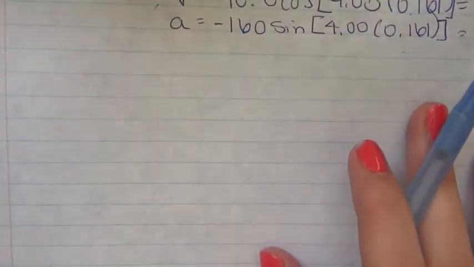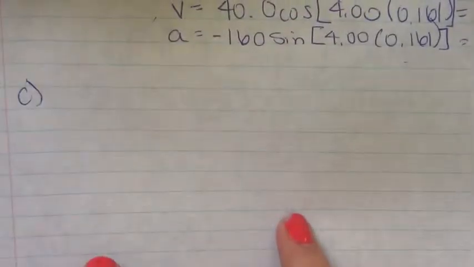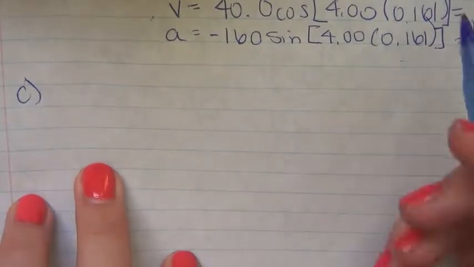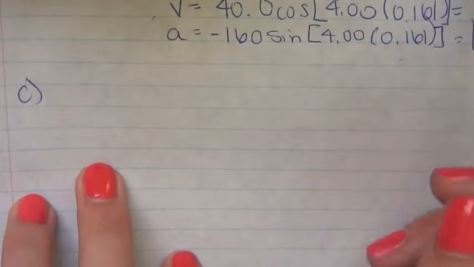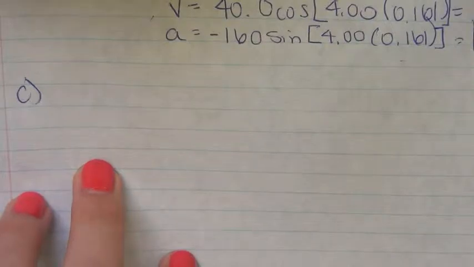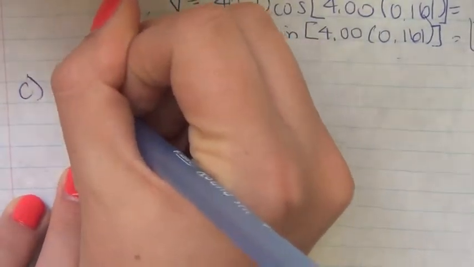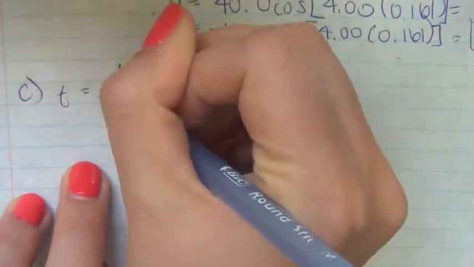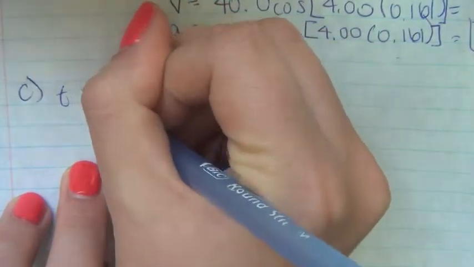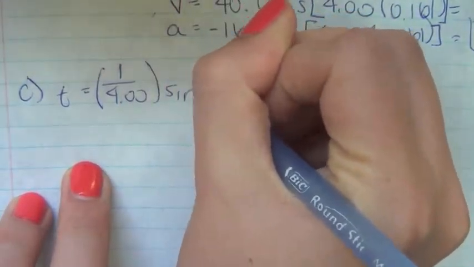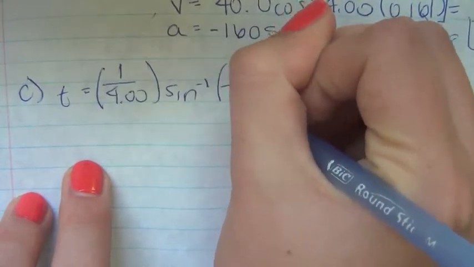Now moving on to C, where we are finding the time interval required from x equals 0 to x equals 8 centimeters. We're going to use the formula t equals 1 over 4.00 sine inverse of x over 10.